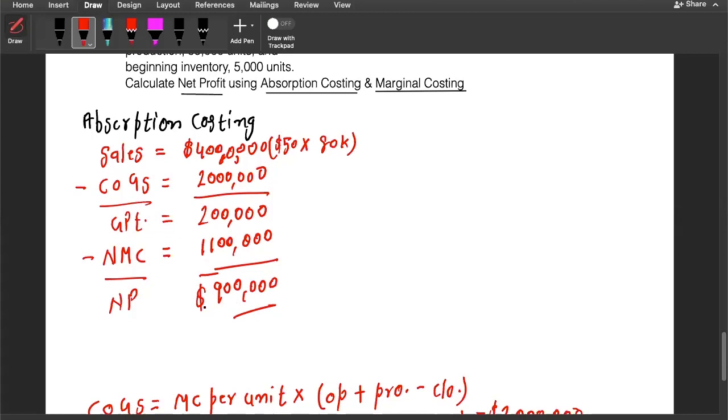It's your net profit. All right. Does everybody understand absorption costing? How to calculate cost of goods sold or non-manufacturing cost? Is that okay? Absorption costing, say something, yes or no?